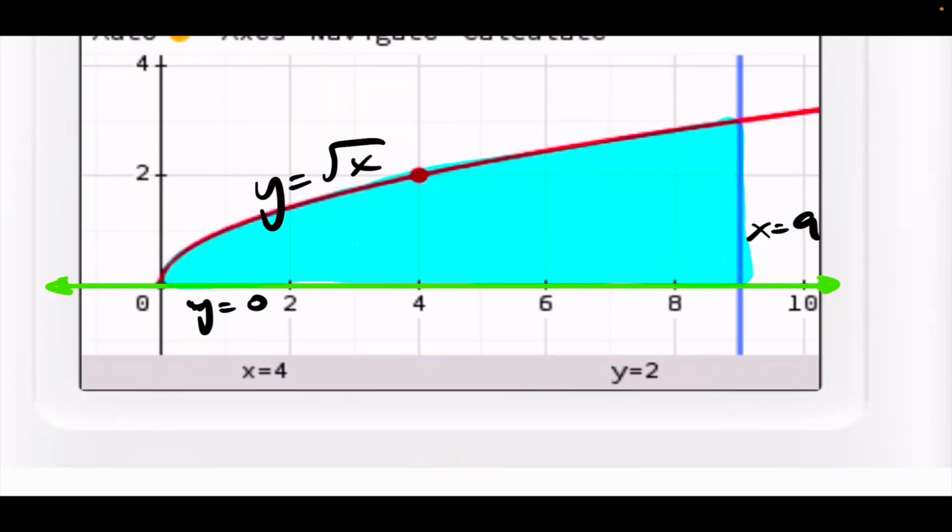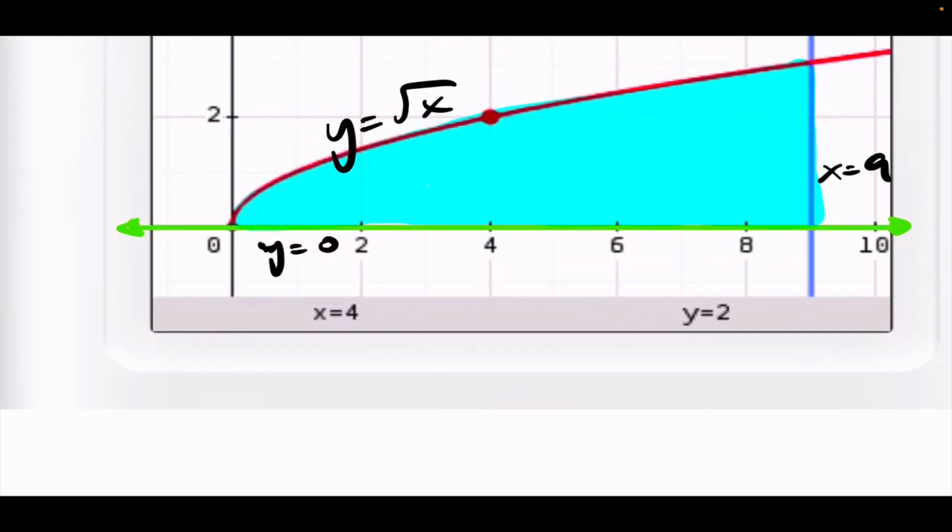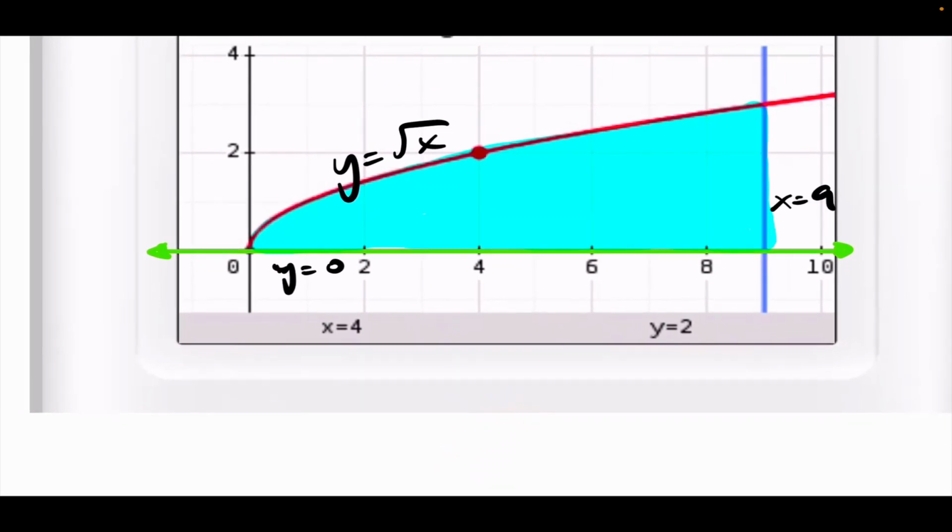So anywhere along this line, if I wanted to know what the y value would be here, I would plug in 8 into the equation. Here, plug in 4, plug in 2, plug in 0, right? So if I want to find the y value, I would plug the x value into the equation. That's how you find the distance there. So we use the equation, the square root of x, okay?